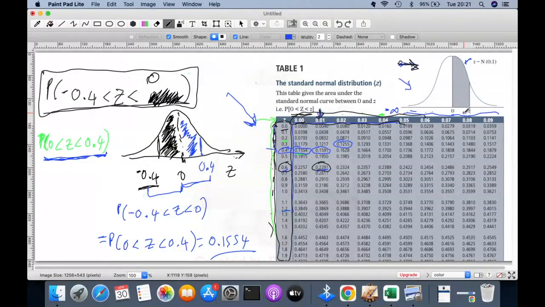That's why I rounded it, because the Z values go up to 2 decimals. Where 1.7 intersects 0.08 is somewhere here, and I drew my line here. Stefan, does that make sense?